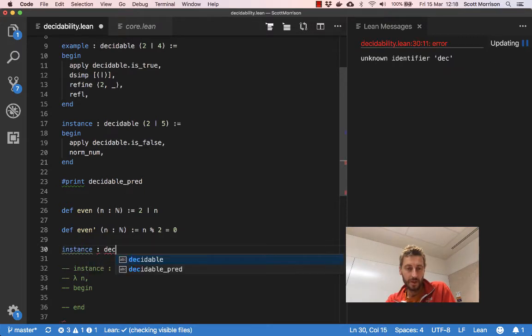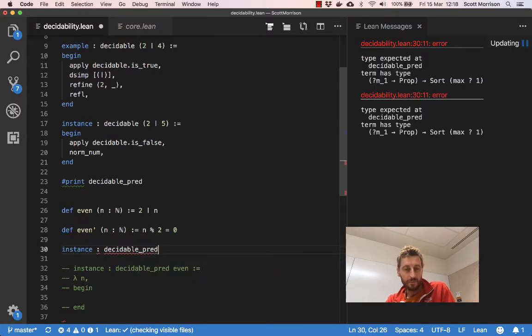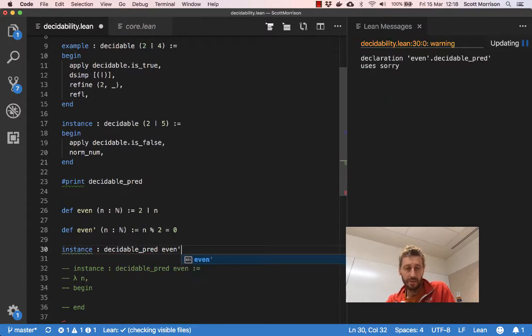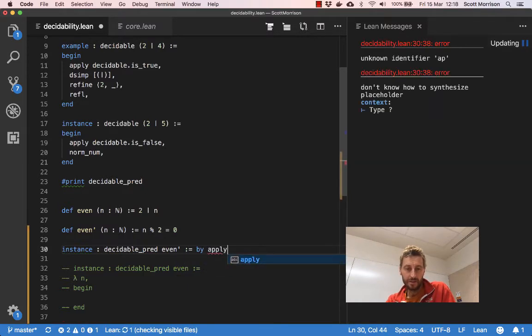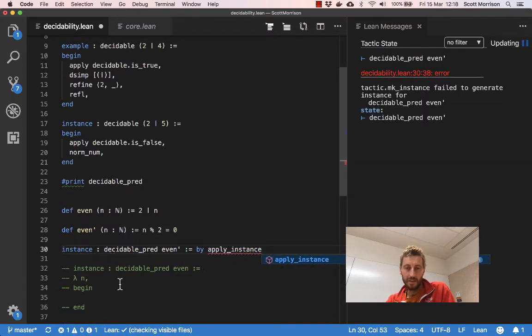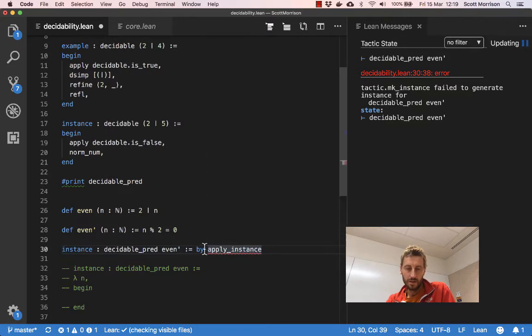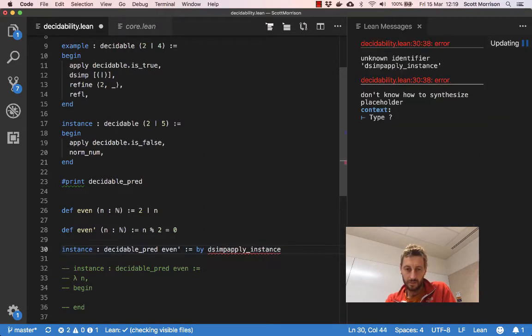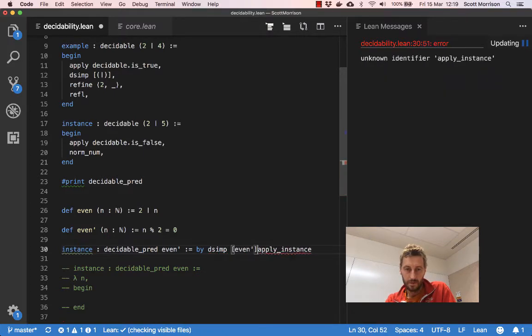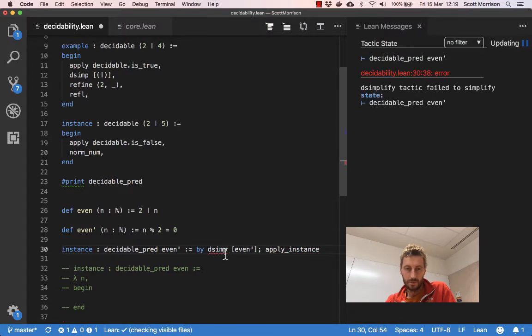Let's imagine that we already had decidability of this other guy. In fact, maybe mathlib can just give us one. Oh, no, not quite. Okay. A little bit surprised.